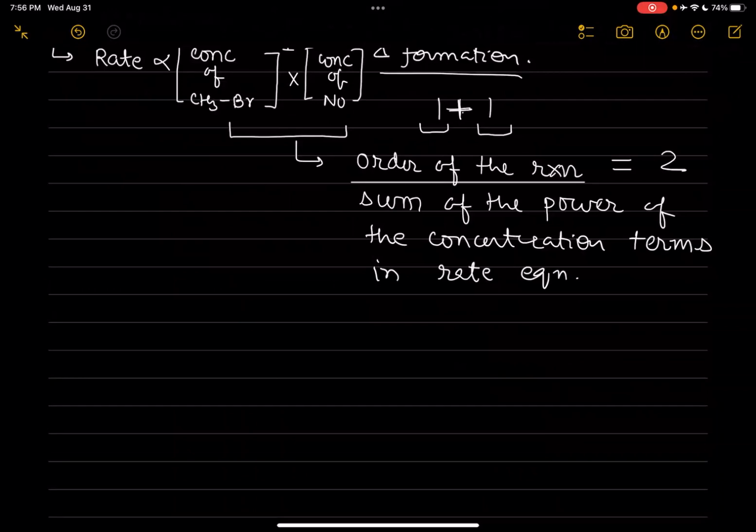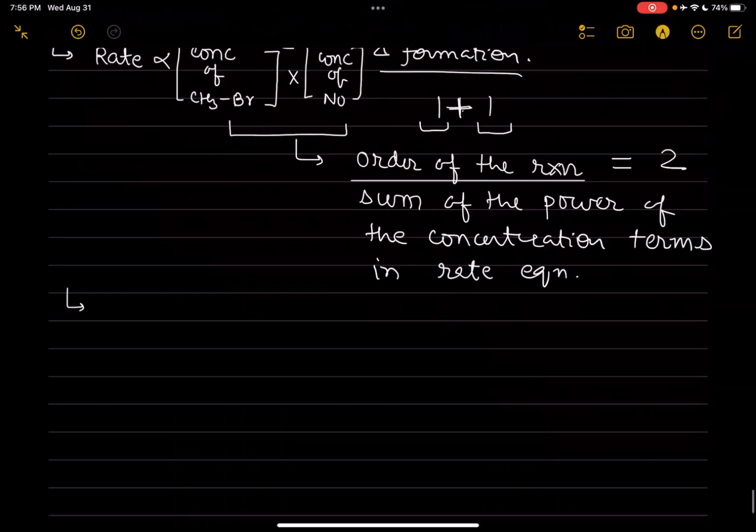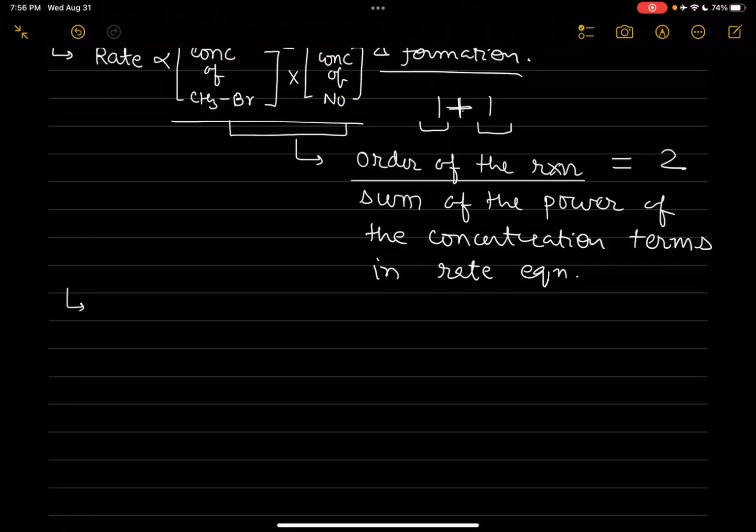Okay. And actually, how is the rate going to get affected? What are the factors which affect the rate? Rate of SN2 means how quickly. It depends upon the concentration of the substrate itself and the nucleophile also.